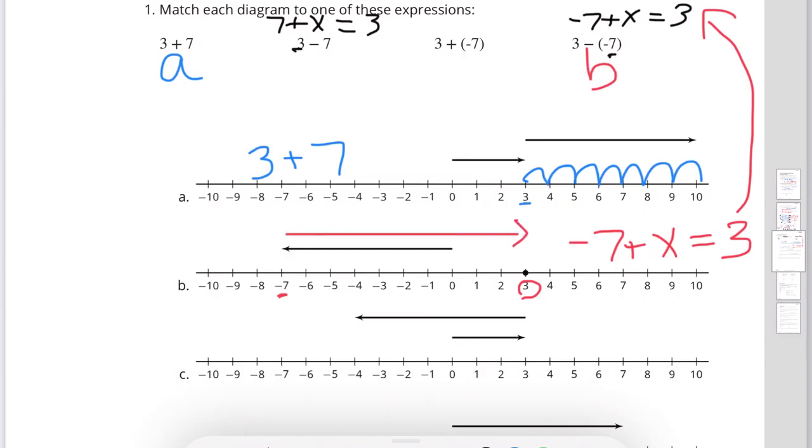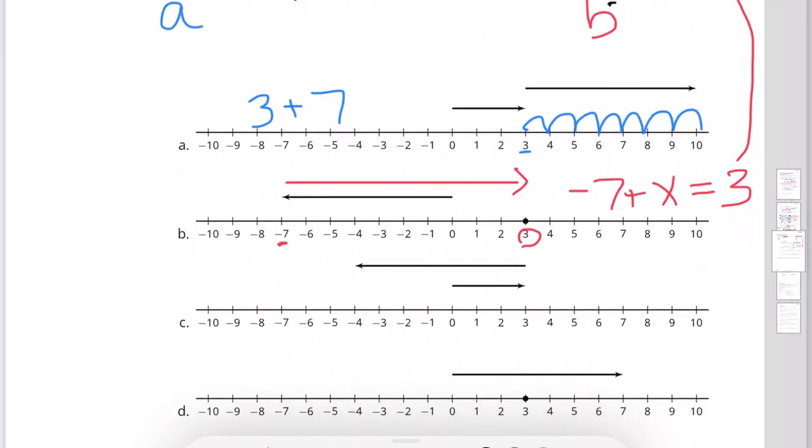So on diagram C, I start out at positive 3. I'm moving to the left with my second arrow, so I know this is going to be a negative number. And I move 3 spaces to get to 0, and then 4 more to get to -4. So I moved -7 units, or 7 units to the left.